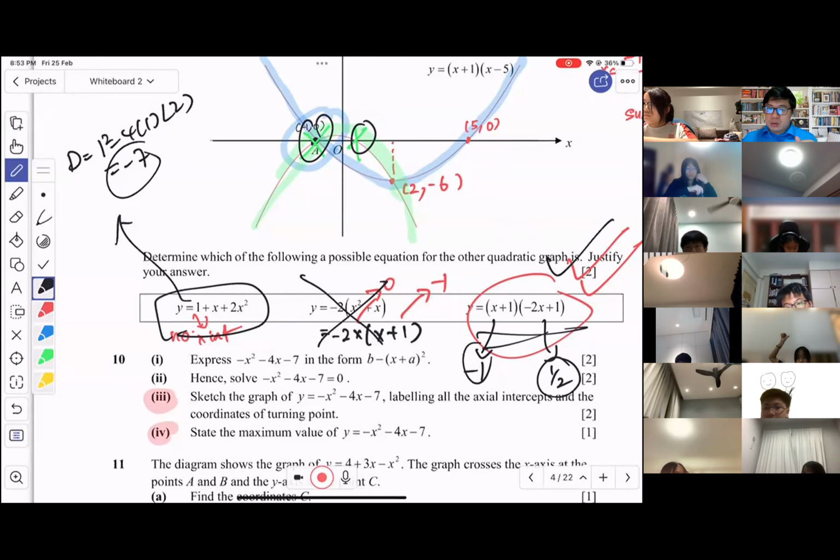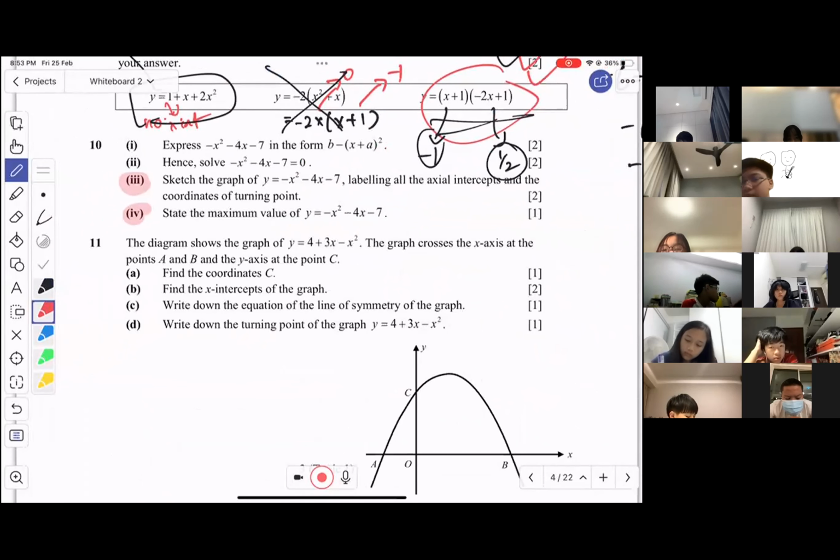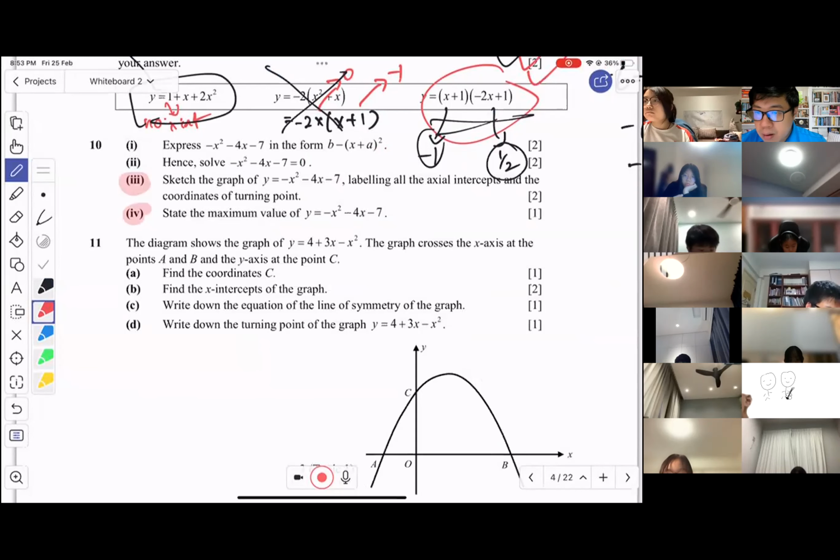Okay, then next one is question 10. So I've gone through question 9. For question 10, quick check, who asked this question so I can address you? I didn't see anybody raise hand. Who asked for question 10 part 3 and 4?